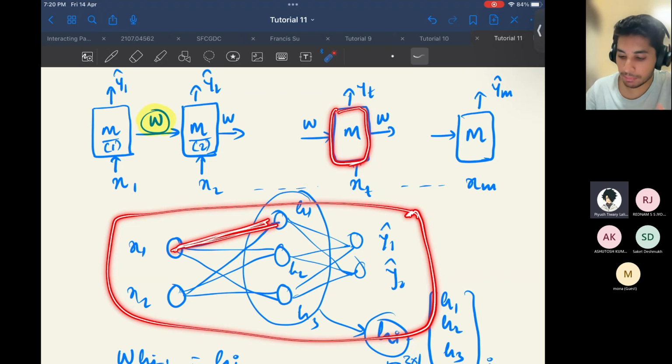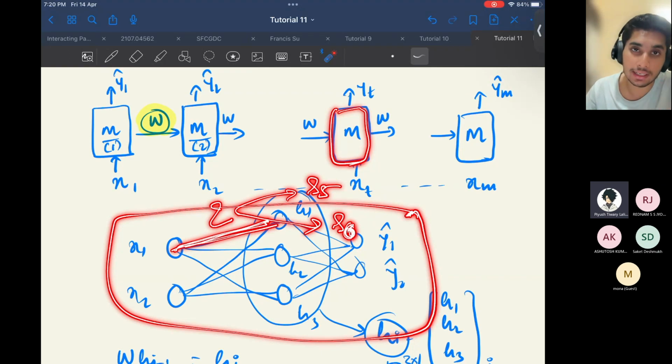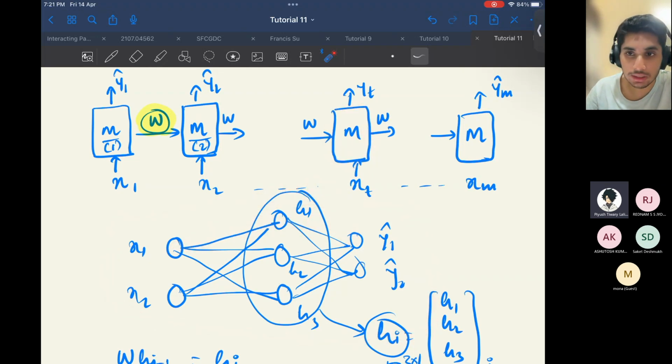It doesn't matter at what time instant I am talking. So if this weight is 2 at s5, it will be 2 at s6 as well. That is the whole point of using recurrent networks: you are using the same model again and again. Hence, the value of the weights won't change with time step. It will remain the same. Is this clear? So the answer will be 2 itself.